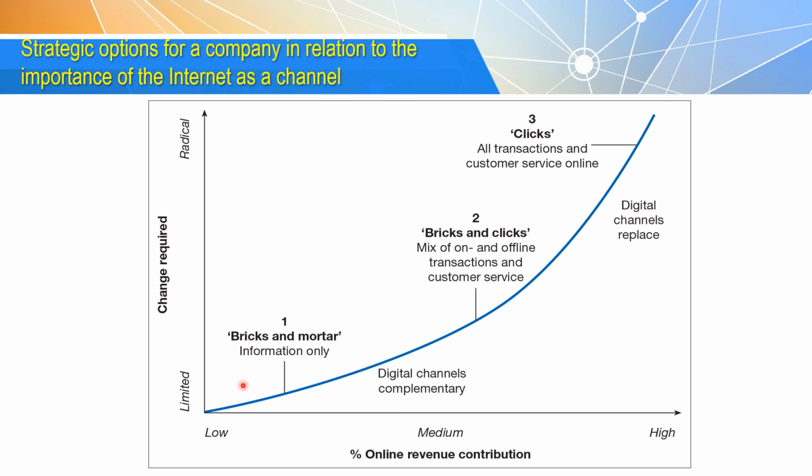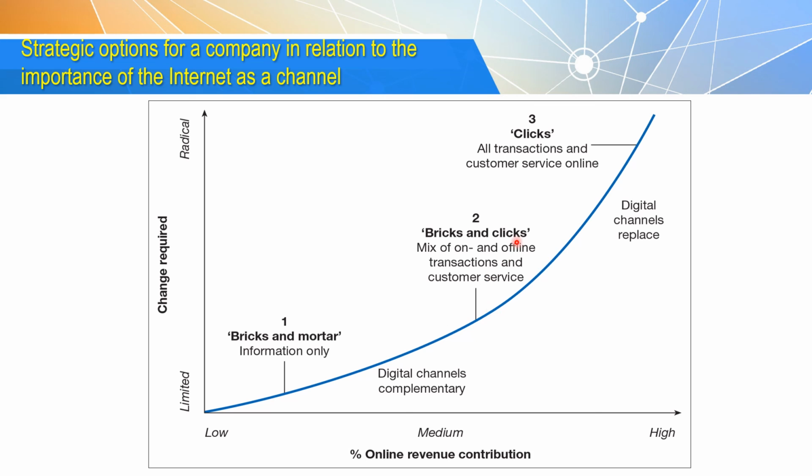And then there is an increase in online revenue contribution when the organization changes from bricks and mortar to bricks and clicks, which is a mix of offline and online transactions, and also customer service.